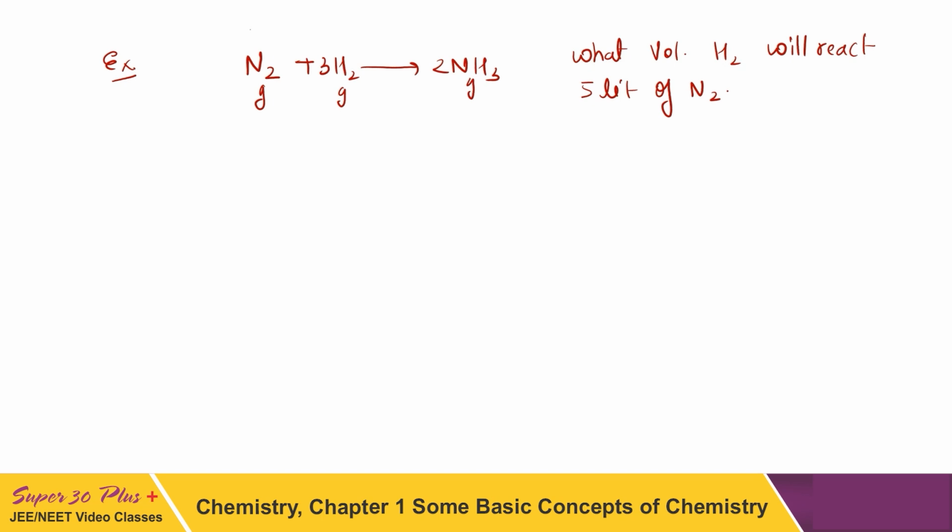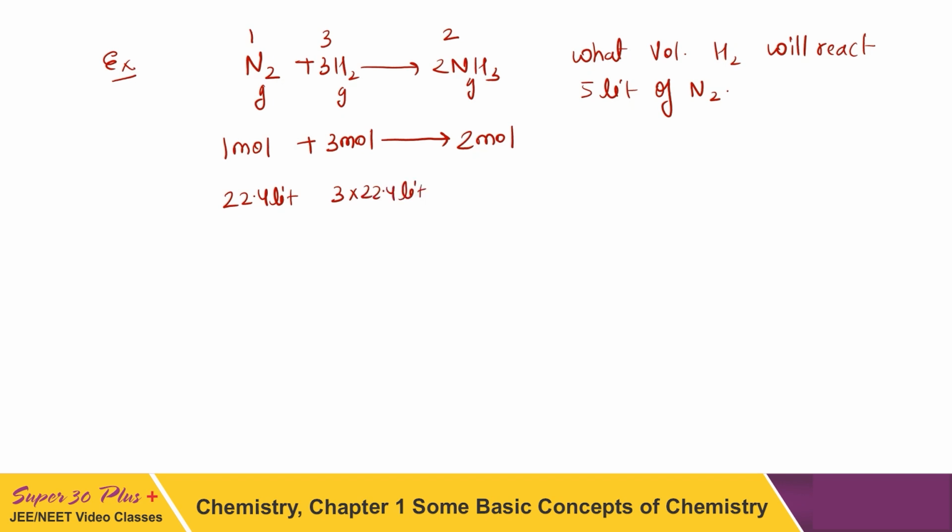As per the stoichiometry, which is 1, 3 and 2, I'll start with the mole. 1 mole of this reacts with 3 mole of this and produces 2 mole of this. Now 1 mole of this is 22.4 liter and 3 mole of this is 3 into 22.4 liter.